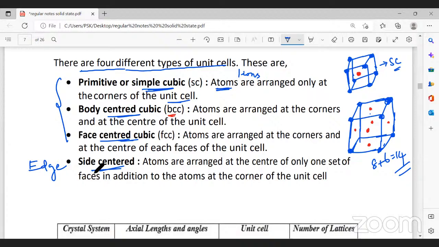Now this edge-centered or side-centered, we do not learn in our syllabus, but we'll try to understand. Atoms are arranged at the center of only one set of faces, in addition to the atoms at the corners of the unit cell. What do you mean by that? This is a unit cell. In this unit cell, particles are placed in the corners like this.